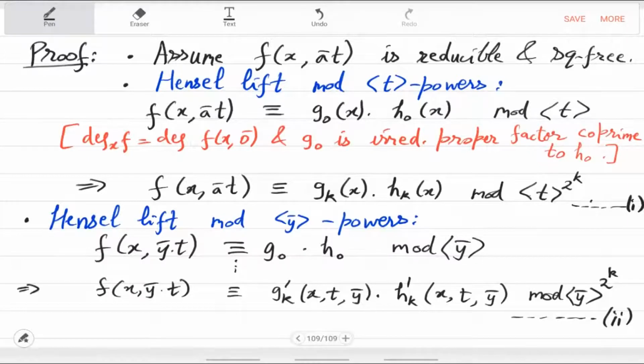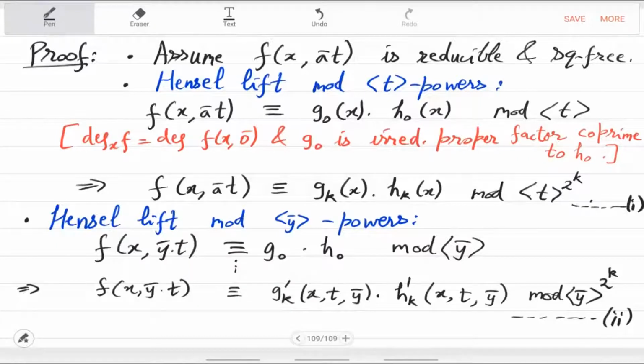So in the second Hensel lifting, you have this y bar hanging around. If you fix it to a bar, then intuitively it should give you equation number 1, the factorization number 1. But we don't know for sure, right? So if this is true, we have to actually prove it.